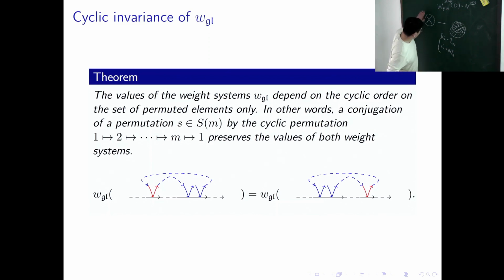So actually when I say permutation 1, 2, 3, it does not just mean 1 to 2, 2 to 3. It is actually the round graph, 1 to 2, 2 to 3, 3 to 1. So this weight system is not defined on this kind of diagram. It's actually defined on the round graph, the same as the chord diagram.